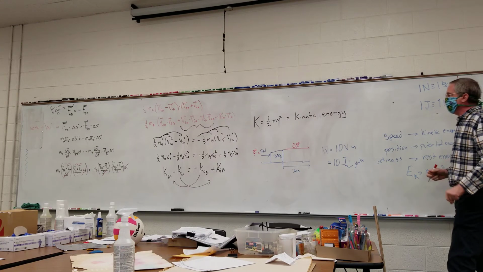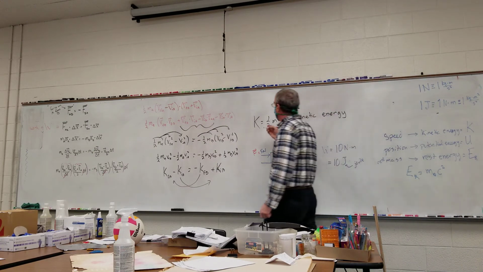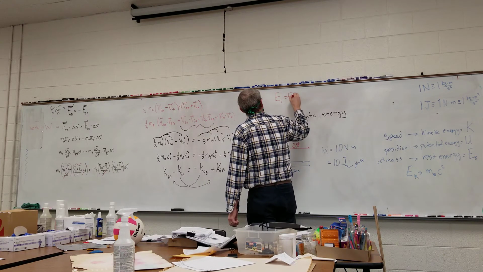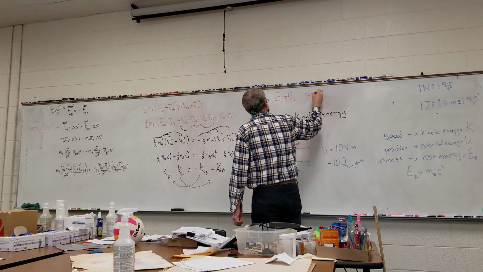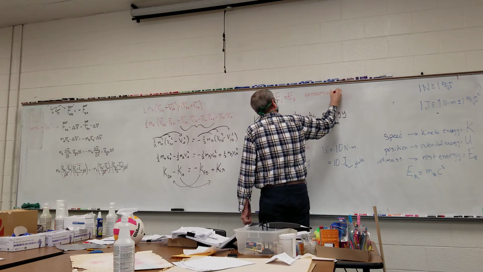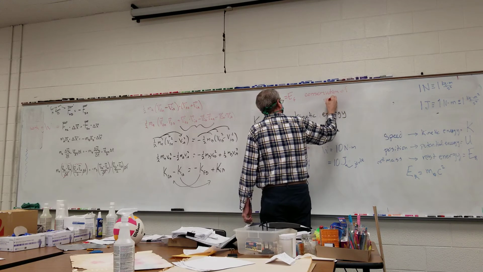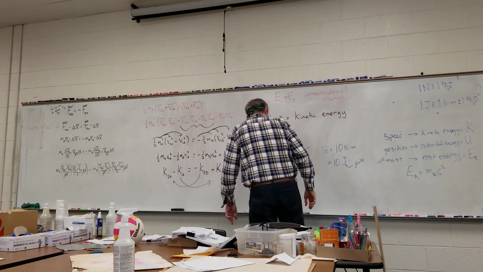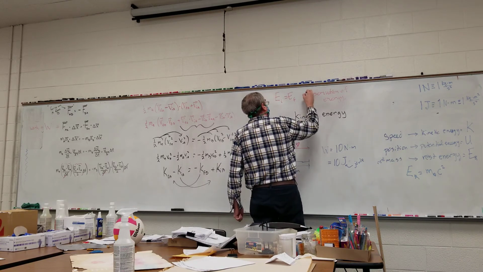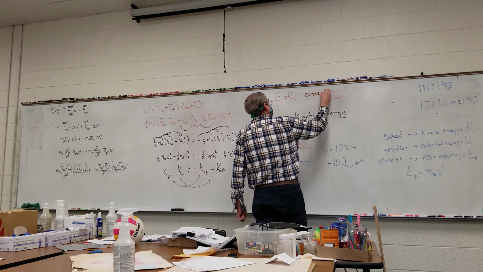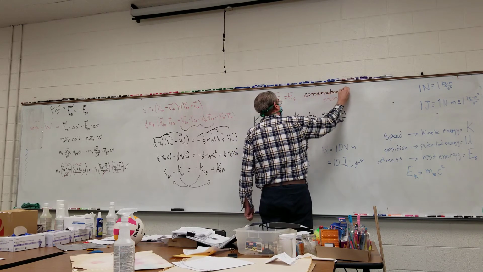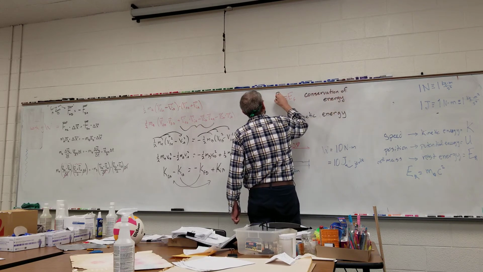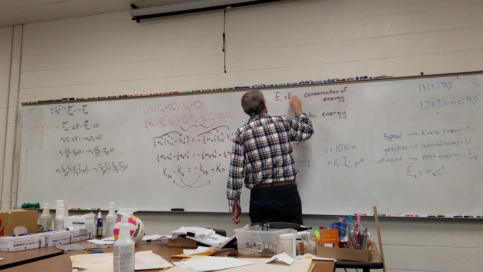So what they eventually came up with is not that kinetic energy is conserved, but that total energy is conserved. E initial equals E final. This is conservation of energy. The total energy initial is equal to the total energy final.